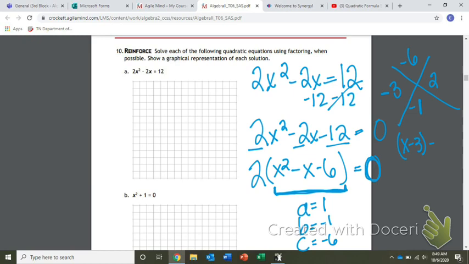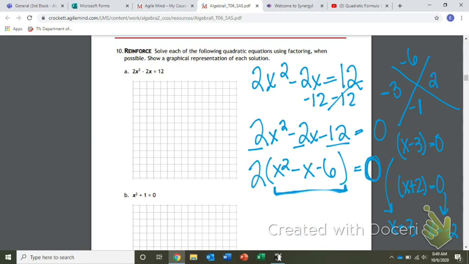X minus 3 equals 0, and x plus 2 equals 0. You're solving. So this gives us x equals 3, and this gives us x equals negative 2. So now, let's go back.